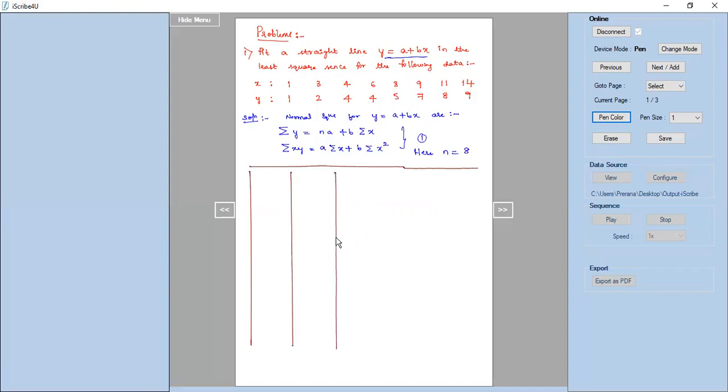Then we have to find x into y. When we observe, we want these summations: the sum of all y values, the sum of all x values, then the sum of x into y. So we need to take the product x into y. That will be the third column for us. Then lastly, we want x square. Summation x square we want. So that is the reason we create a column for x square.